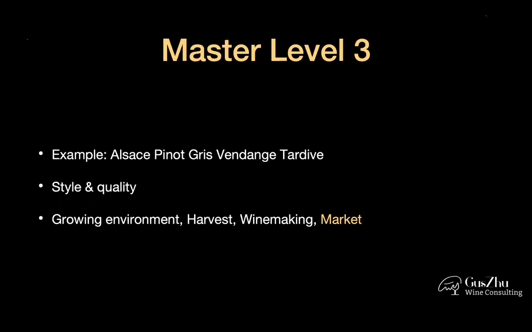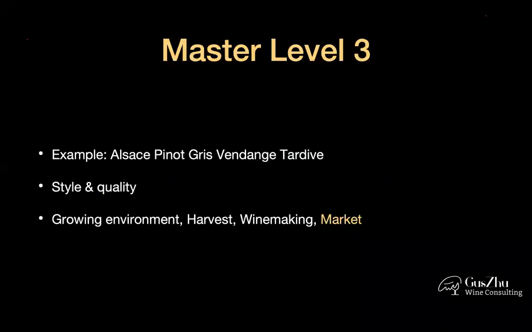And I tell you what, you do not need to learn much more in Level 4. The only thing you want to think more about in Level 4 is the market information or wine business information of wines like this. So if you actually master Level 3, you do not even need to study much about Alsace Vendange Tardive style Pinot Gris, Gewurztraminer, or Riesling.